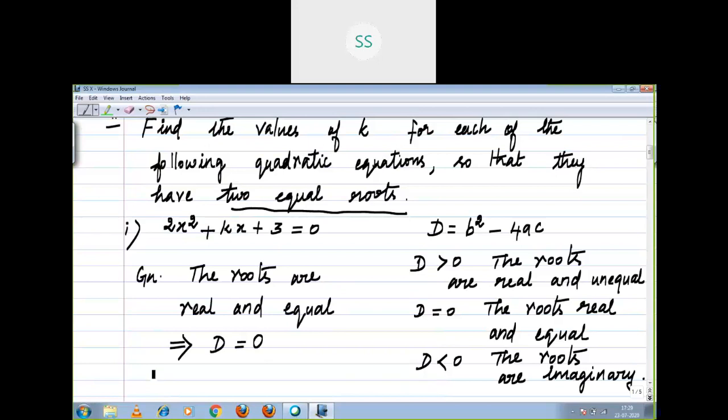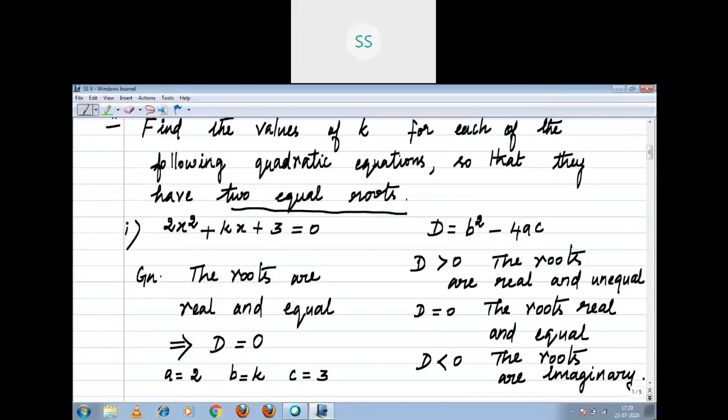How to find D? What is your a? a is the coefficient of x square. What is your b? Coefficient of x. What is your c? The constant. a, b, c. That is ax square plus bx plus c is equal to 0. That is your general format.